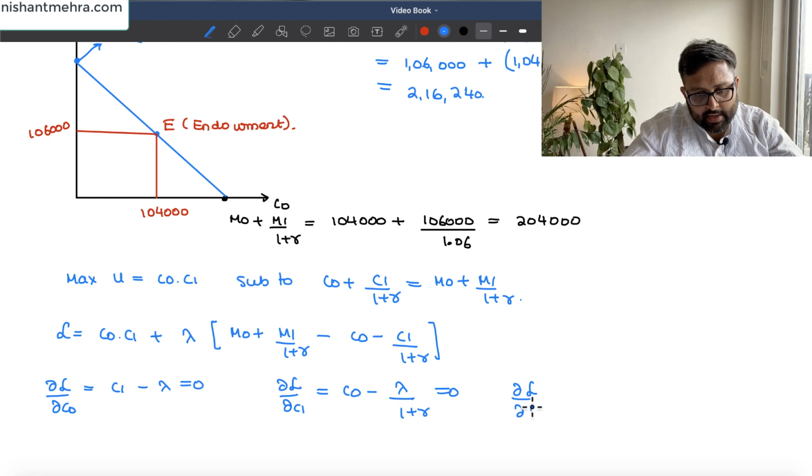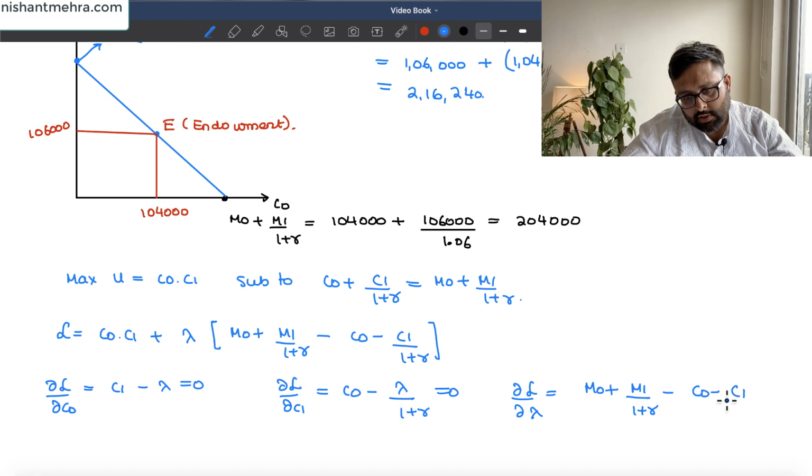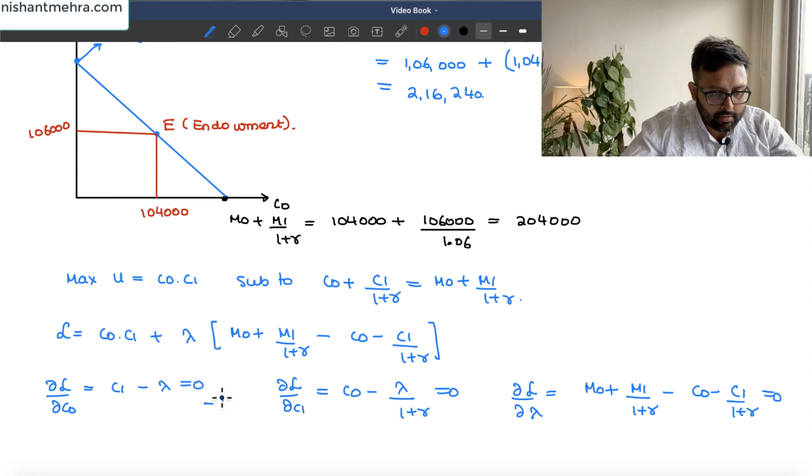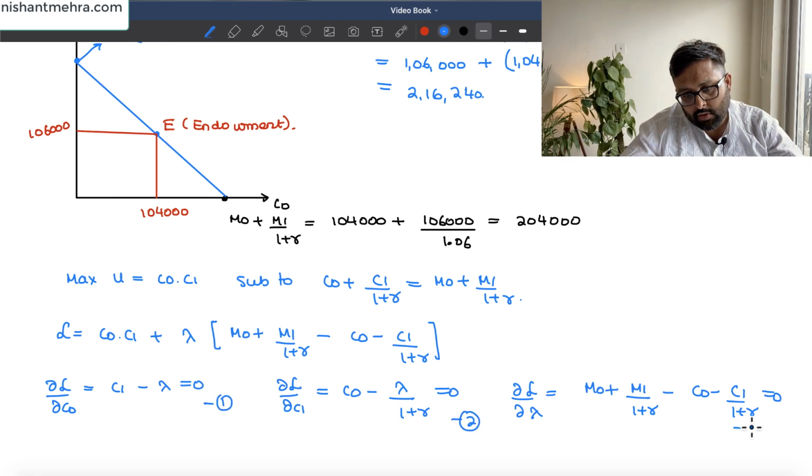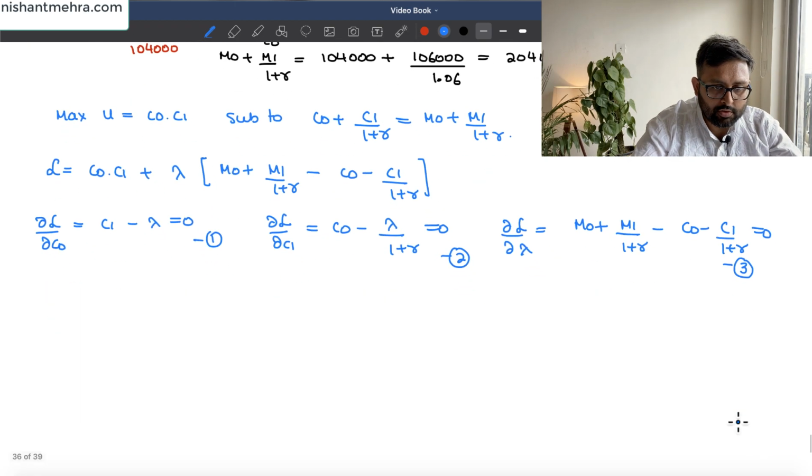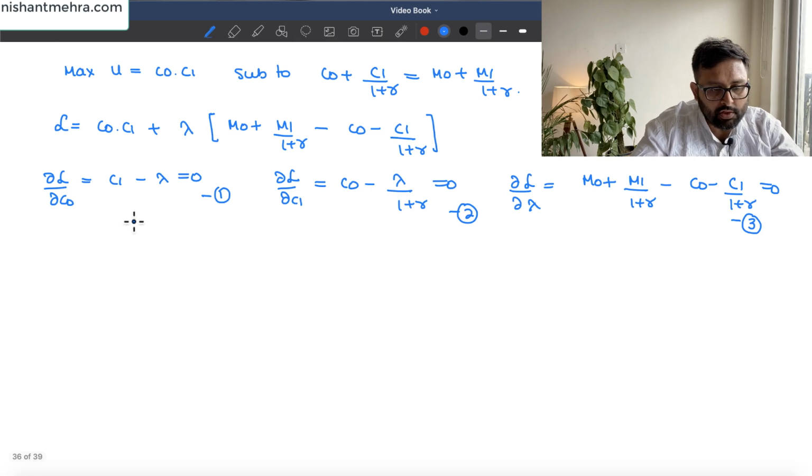And del L by del lambda is M0 plus M1 upon 1 plus R minus C0 minus C1 upon 1 plus R. This is 1, this is 2, this is 3. So what can I do? I can divide the first by the second.